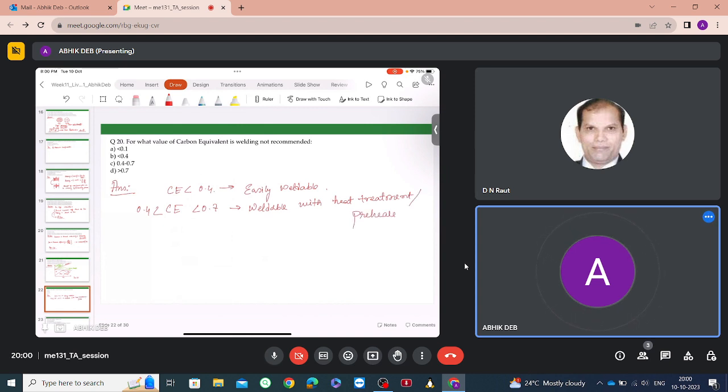And if the carbon equivalent is greater than 0.7, then welding is not recommended. Okay, so the correct option is option D, above 0.7. If the carbon equivalent is above 0.7, then the welding is not recommended.